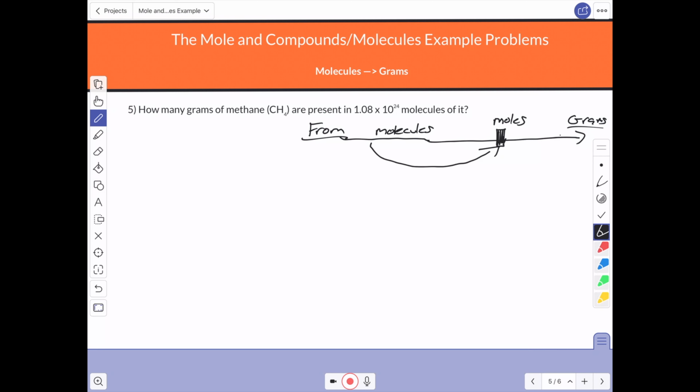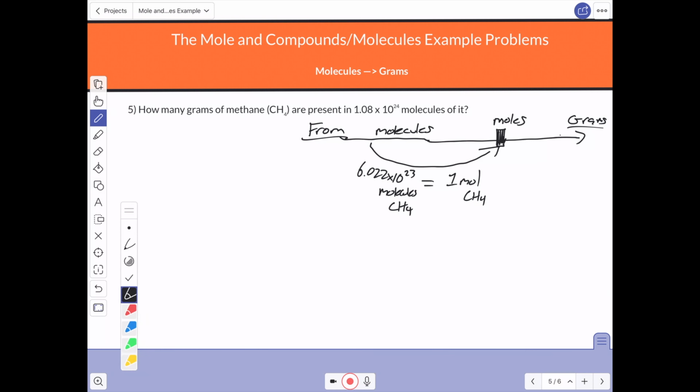This just means our first conversion factor will be our Avogadro's number, 6.022 times 10 to the 23rd molecules equals 1 mole. In this case, it's CH4. And then here we have to do our molar mass.